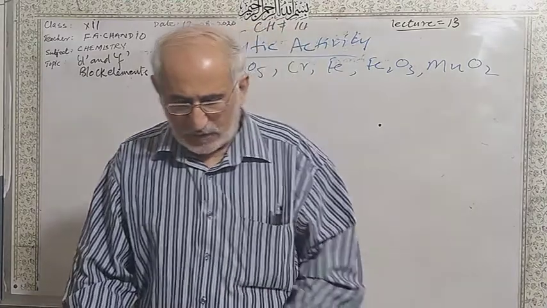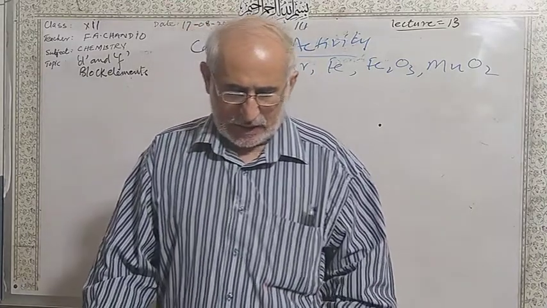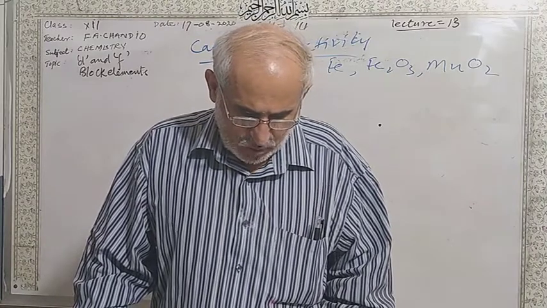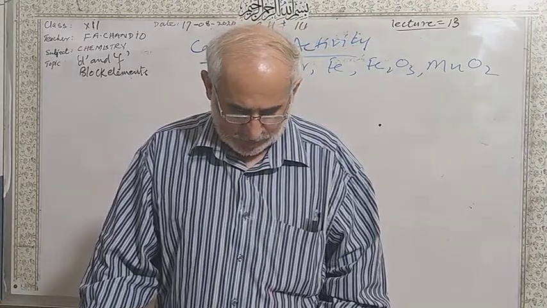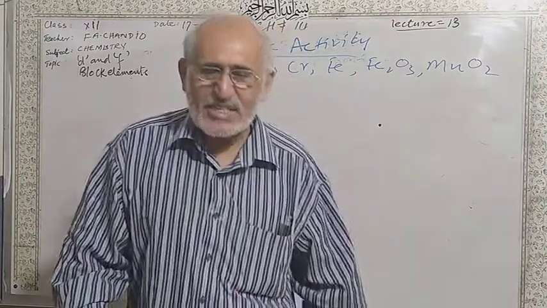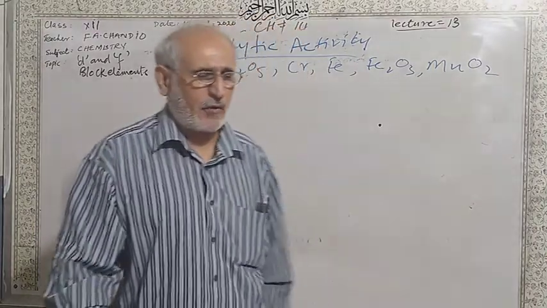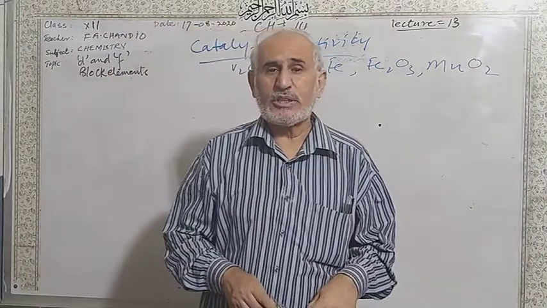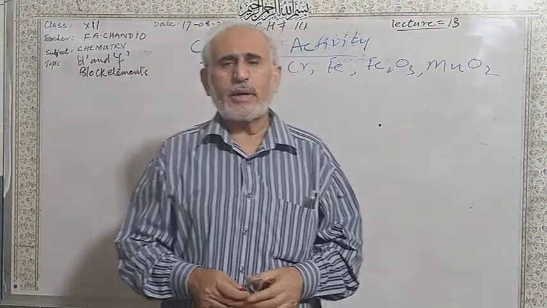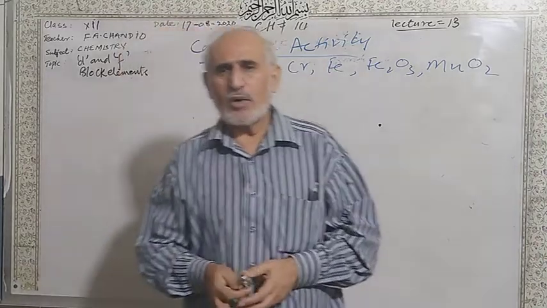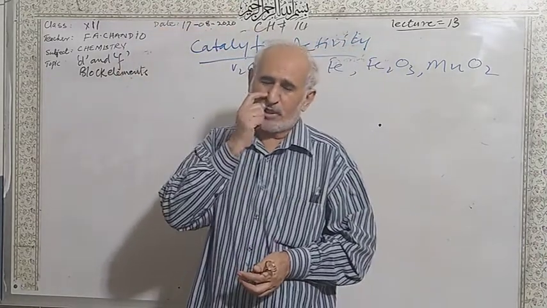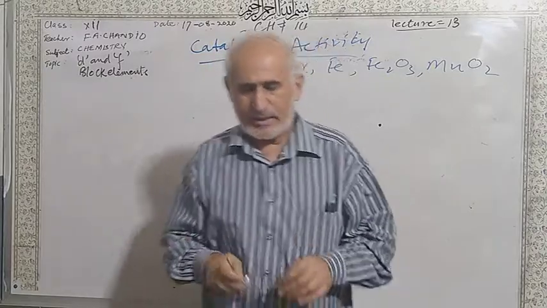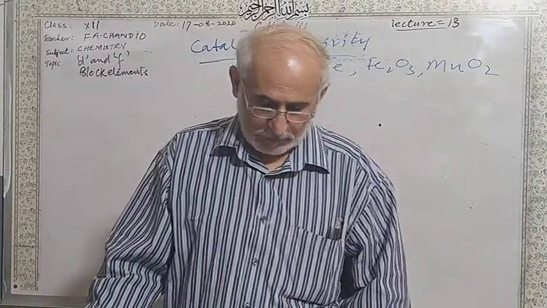For the preparation of nitric acid in the Ostwald process, platinum is used. Manganese dioxide is used for the preparation of oxygen from potassium chlorate in the laboratory. When you prepare oxygen gas in the laboratory by the decomposition of potassium chlorate, you have to mix in manganese dioxide black powder.